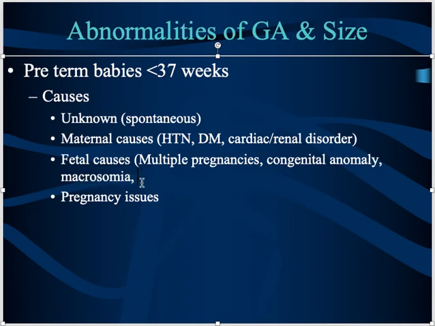Okay, there are others as well, for example fetal infection, though not so important, but many other causes can be there. Now if we talk about the pregnancy issues, it could be anything related to the placenta, socioeconomic problems, or personal reasons.